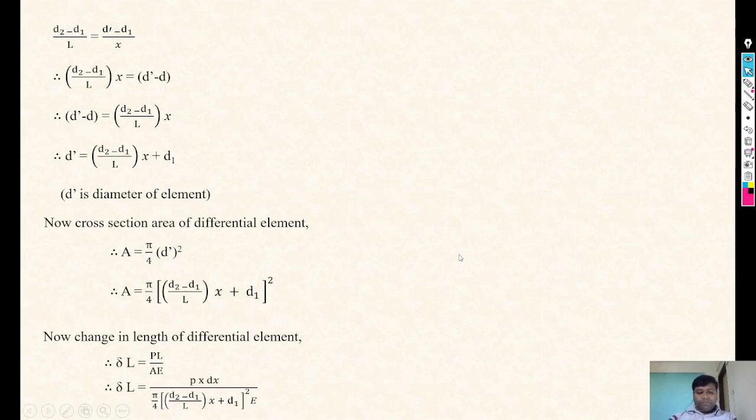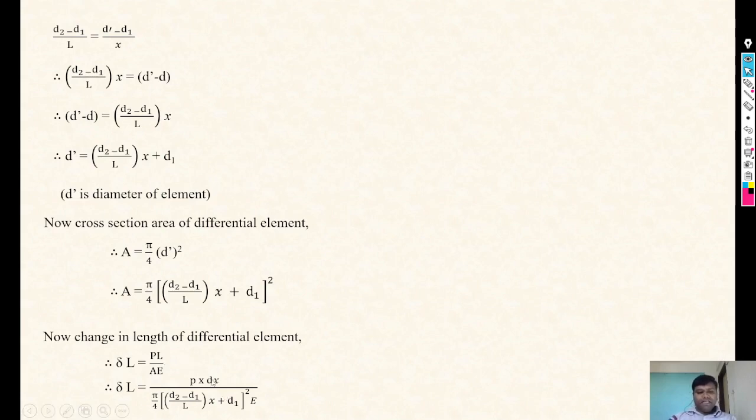But we require change in length. So the formula for the change in length is what? As we discussed in the last slide, PL by AE, where P is what? Axial force, that we know. L is what? It is the length of that differential element, because we are applying that formula for the differential element.